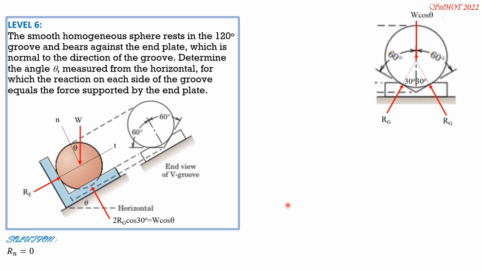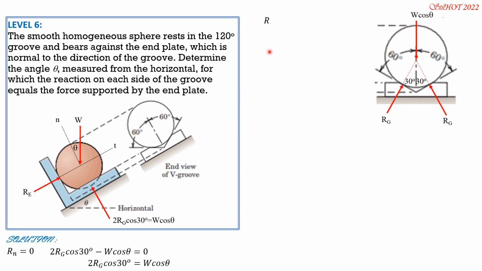And R normal equals 0, so we set up 2RG cosine 30 minus W cosine theta, which is this component, equals 0. So 2RG cosine 30 degrees equals W cosine theta.